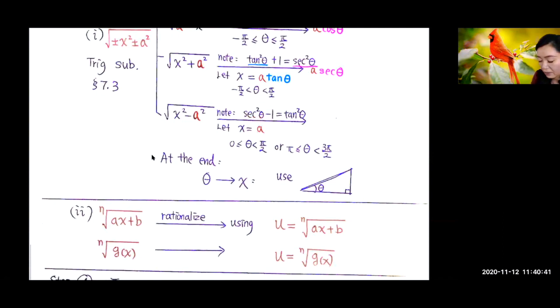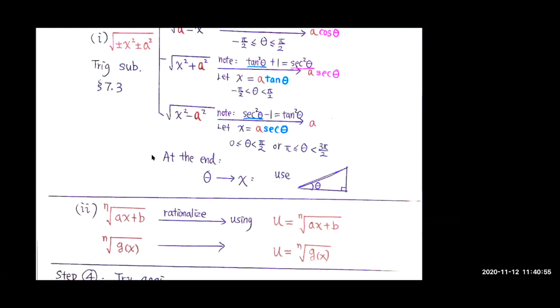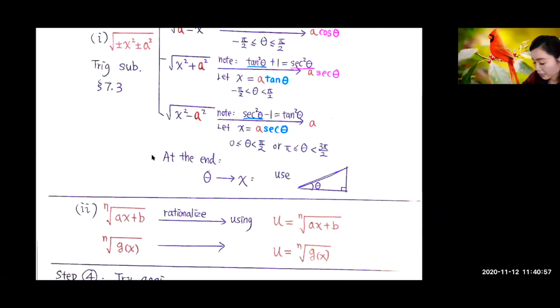Now by doing this, this square root over here is going to become a tangent theta.